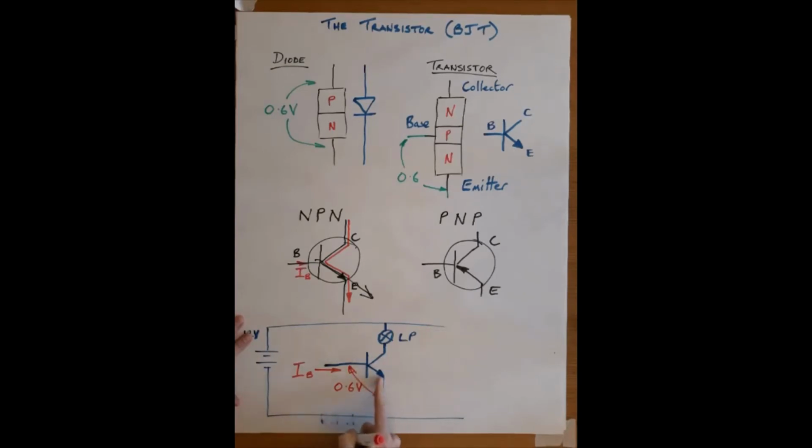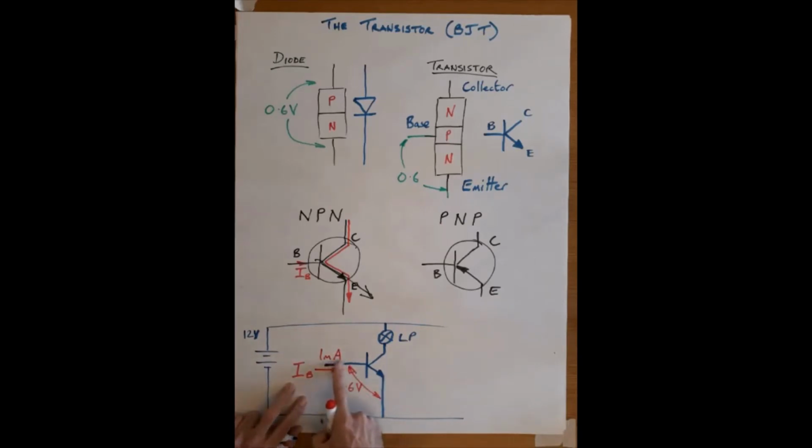This is a PN junction going from the base to the emitter. If we don't have 0.6 of a volt, we won't allow this current to go in, and the transistor will not turn on. But if this condition is met, we've got 0.6 of a volt from the base to the emitter. We can pass a tiny current into the base, and let's say, for the sake of argument, it's 1 milliamp, so it doesn't have to be big.